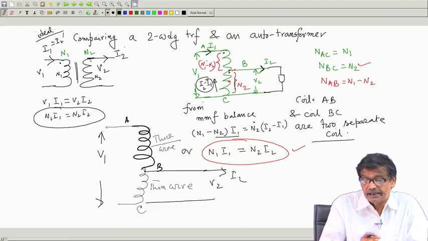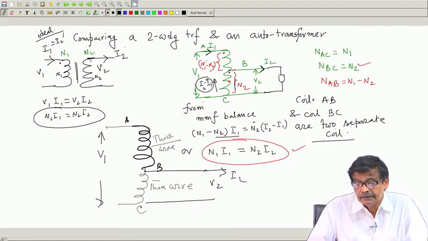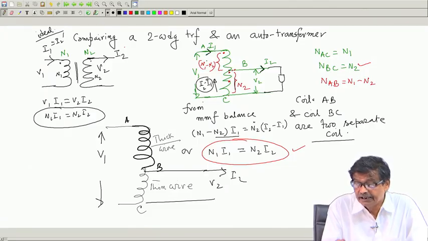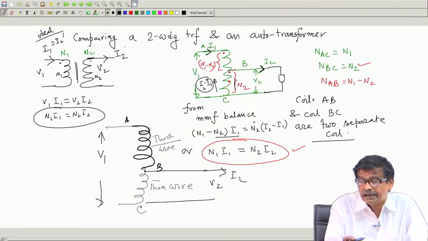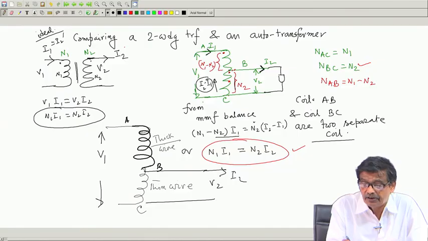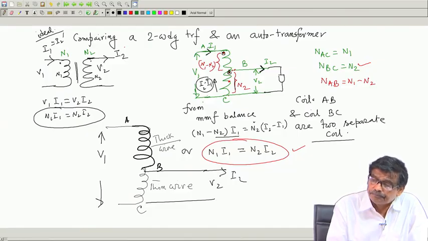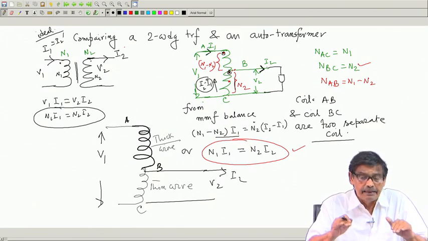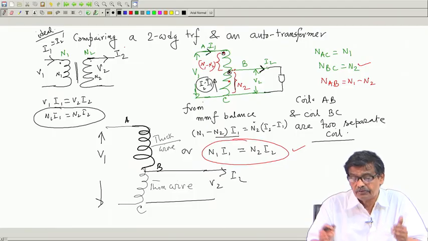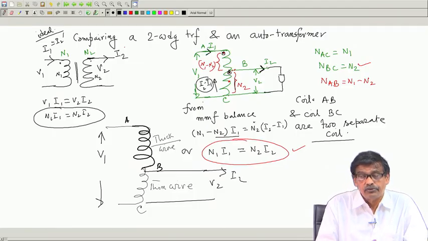They are similar that way. But note the current supplied to the load will be I 2, because in an autotransformer there is a common portion of the winding, and this is dot, this is also dot here. Therefore, this current should be I 2. So, we must bring them to the same platform before comparing: same kVA rating, same voltage ratios and so on.